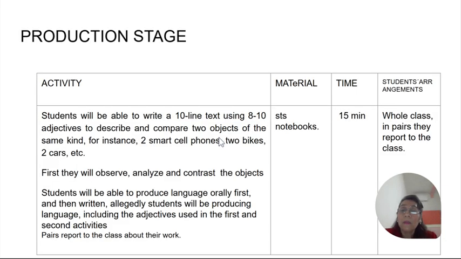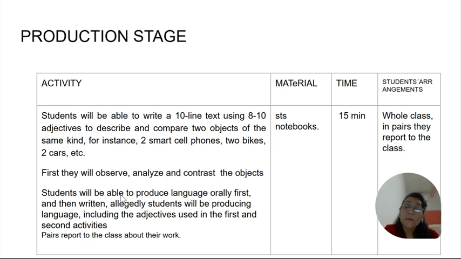Then we have the production stage, and the activity is that they have to be able to write a 10-line text using 8 to 10 adjectives to describe and compare two objects of the same kind, for example, two cell phones, two bikes, two cars. First they will have to analyze, observe and contrast the objects, what they have in common and what the differences are.